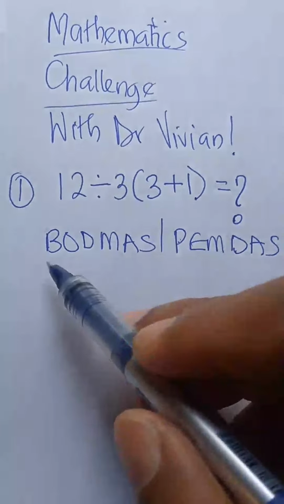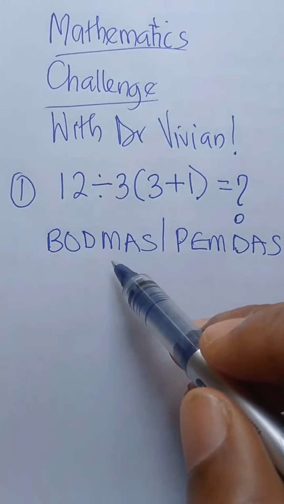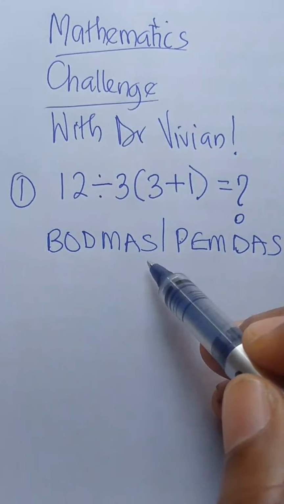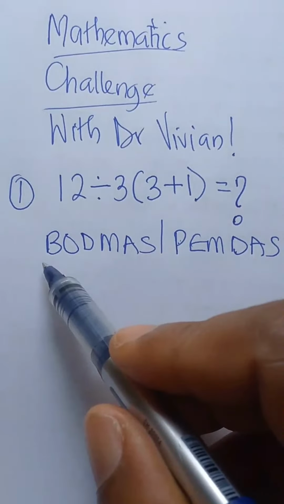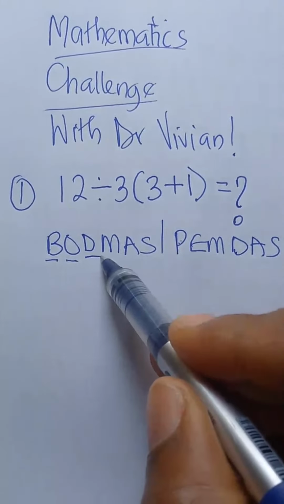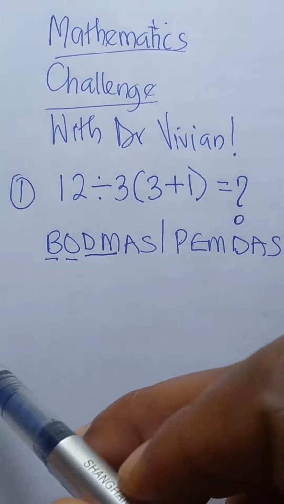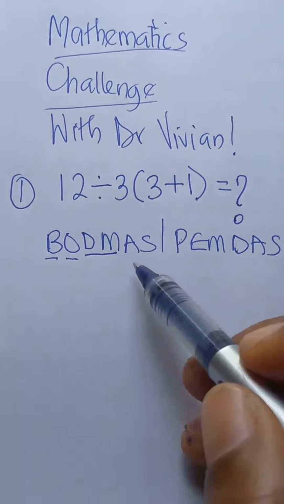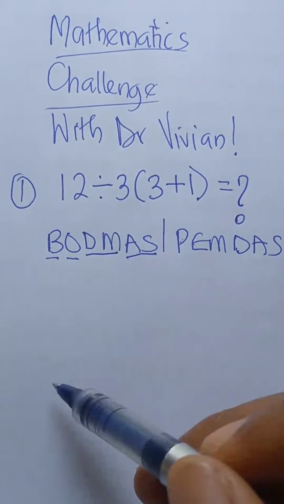B here stands for bracket, O for order, D for division, M for multiplication, A for addition, and S for subtraction. Now, I want you to know that when applying, you solve bracket first, order second, then division and multiplication, and on the same level, you apply the one that comes first from left to right. And addition and subtraction on the same level, you apply the one that comes first from left to right.